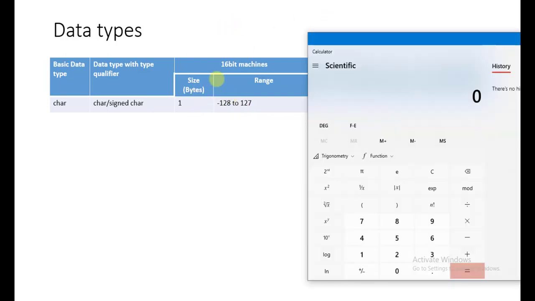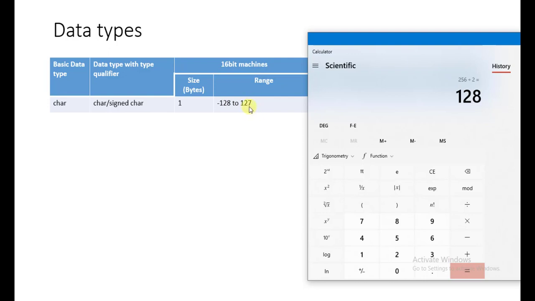1 byte is nothing but 8 bits, so 2 to the power of 8 is 256. The maximum value is 256. But as it is a signed data type, the range covers both negative and positive, so just divide by 2, giving 128. The range will be -128 to 127 because we have 0.